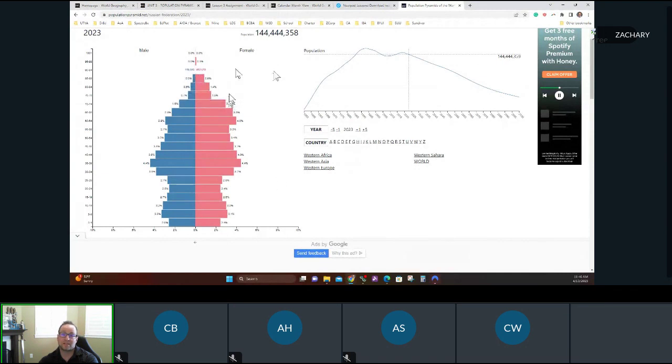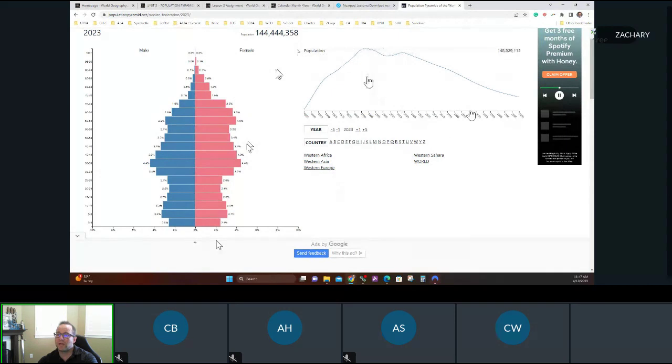Yeah, we can do Ukraine next. That would be interesting to look at. Here's another thing. The core population is about 25 to 50, right? But there's not very many people being born.